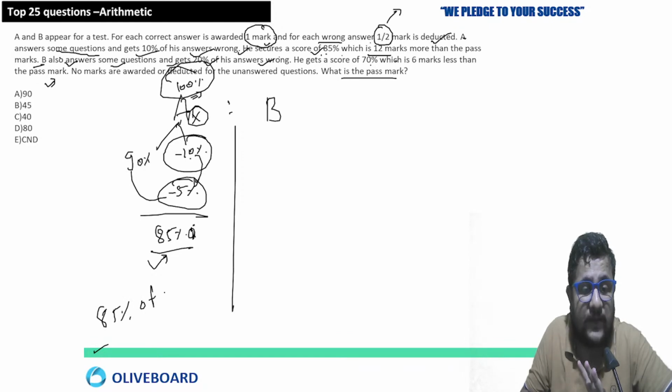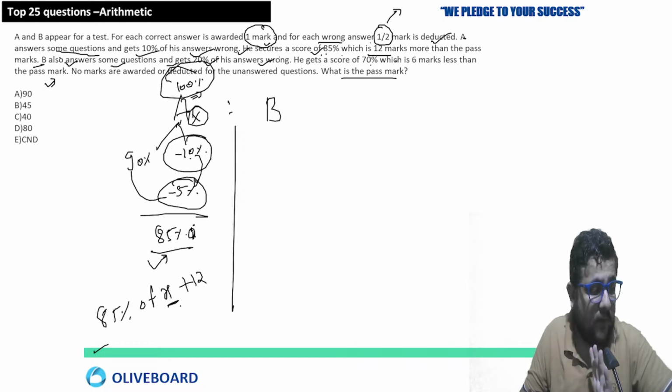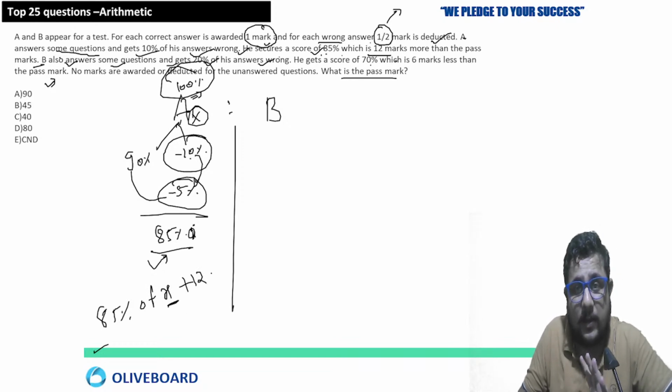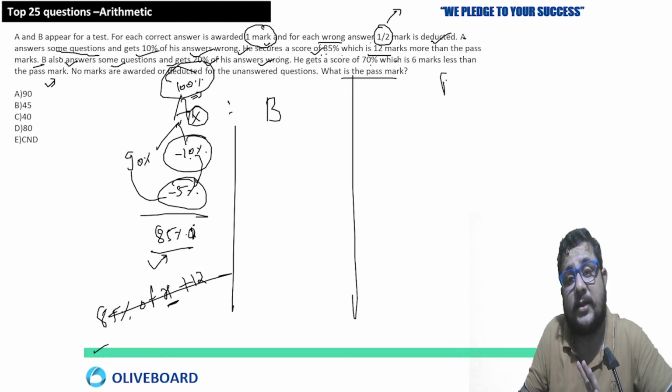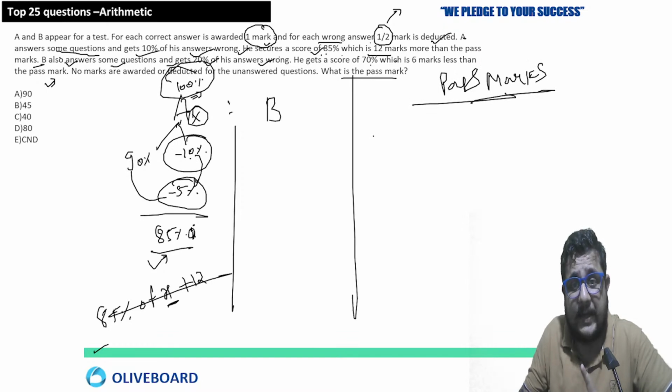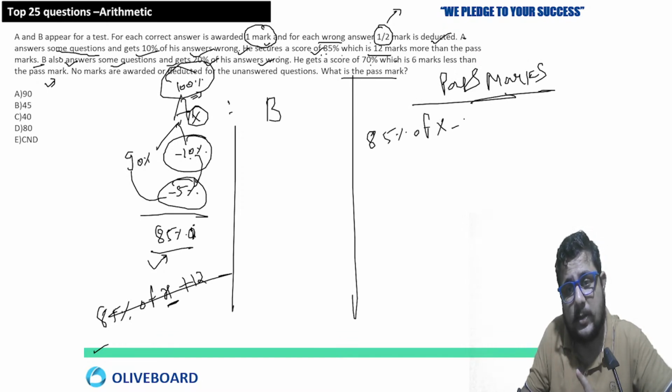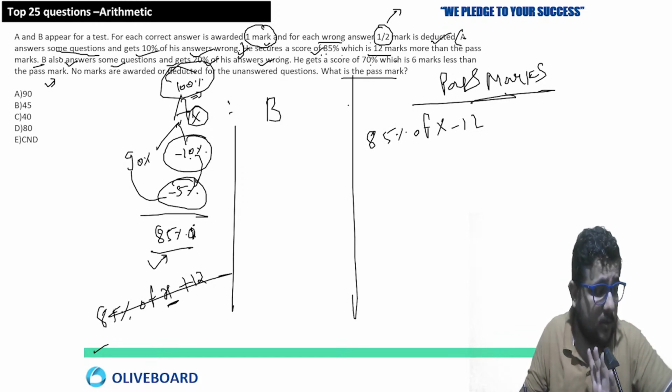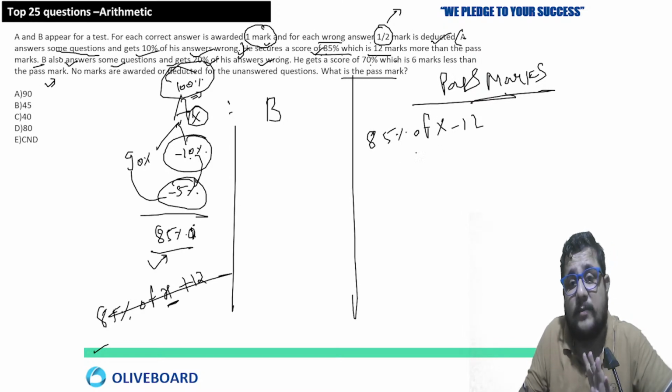So 85% of the total X is 12 more than the passing marks. This line is not really required, unnecessary data, but even by this line you can solve it. So 85% of X minus 12 equals the passing marks, PM.